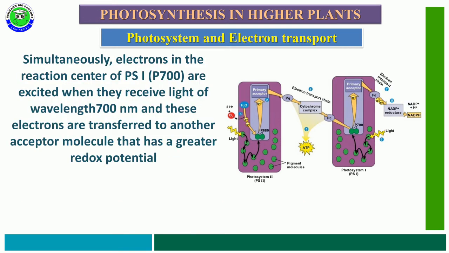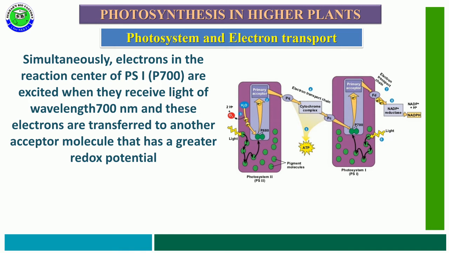In the next step, when the electron reaches the cytochrome complex, the reaction center present in PS1, called P700, absorbs 700 nanometer sunlight, and after absorbing it, this reaction center also gets excited and loses one electron, which is accepted by the primary electron acceptor present in PS1.